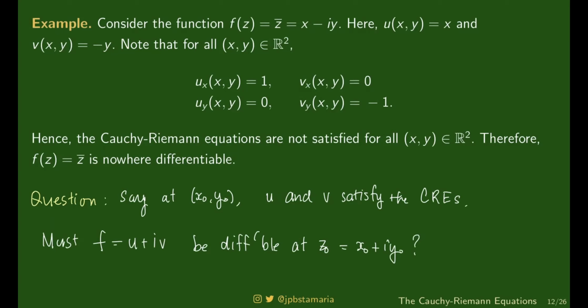So the question is asking you about the converse of the previous theorem. Kapag ba nasasatisfy yung Cauchy-Riemann, let's say, enough ba na sabihin na nasasatisfy ni u and v yung Cauchy-Riemann equations at that point? Therefore, the complex function u plus iv is going to be differentiable at z naught, which is x naught plus iy naught.